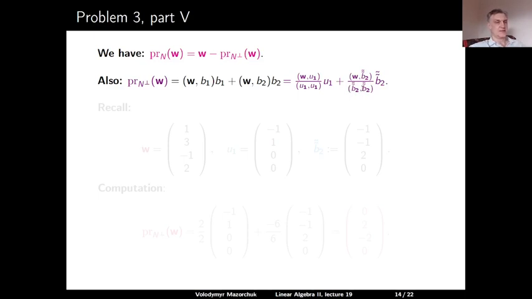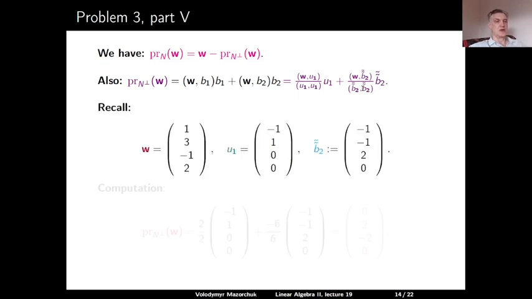So recall that w was 1, 3, minus 1, 2, u1 was minus 1, 1, 0, 0, and b2 2 tildes was minus 1, 2, 0.